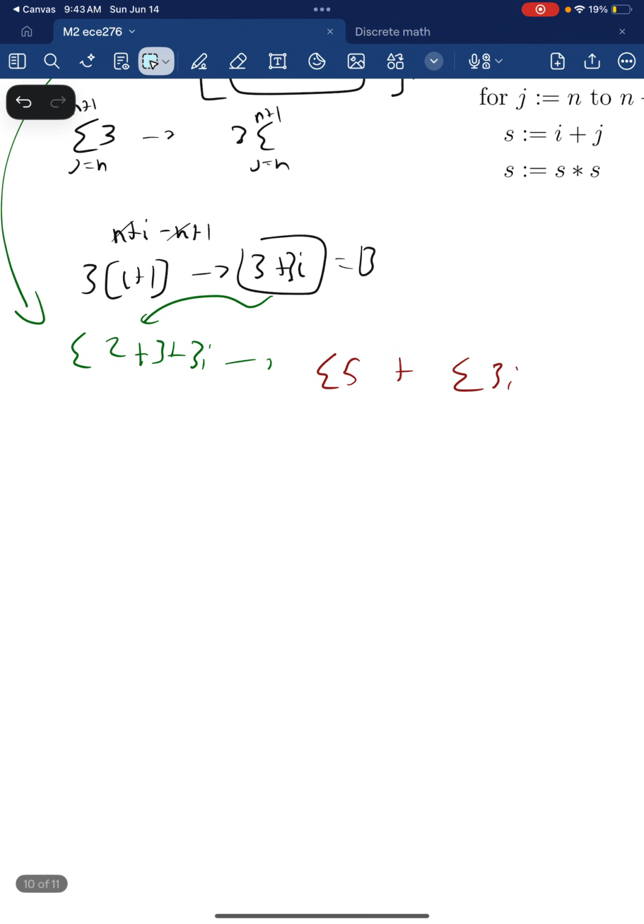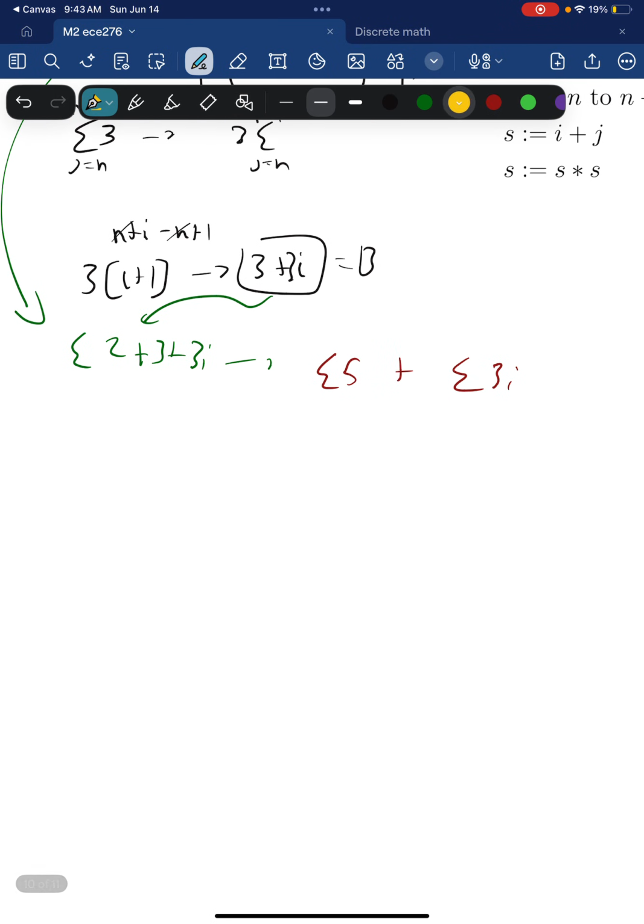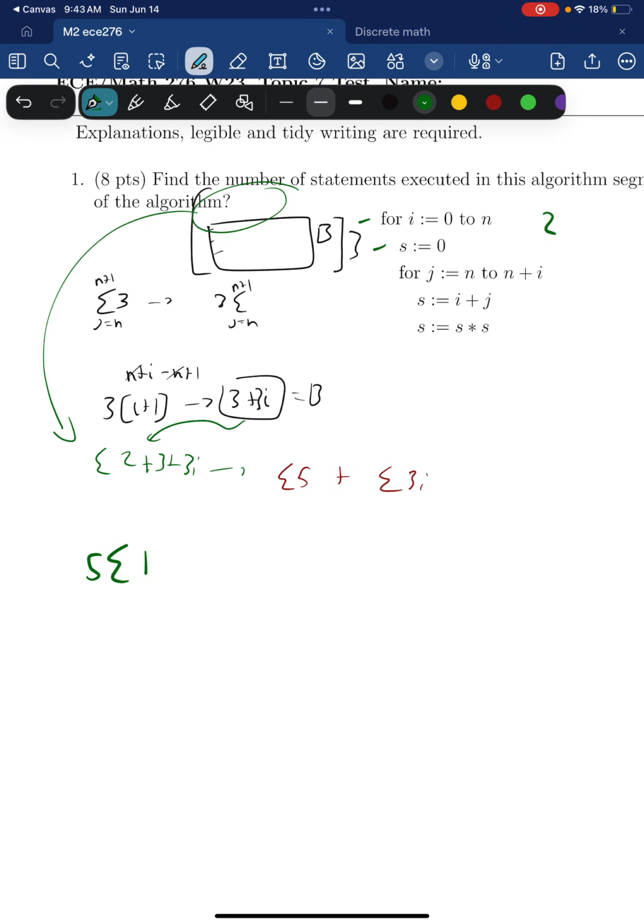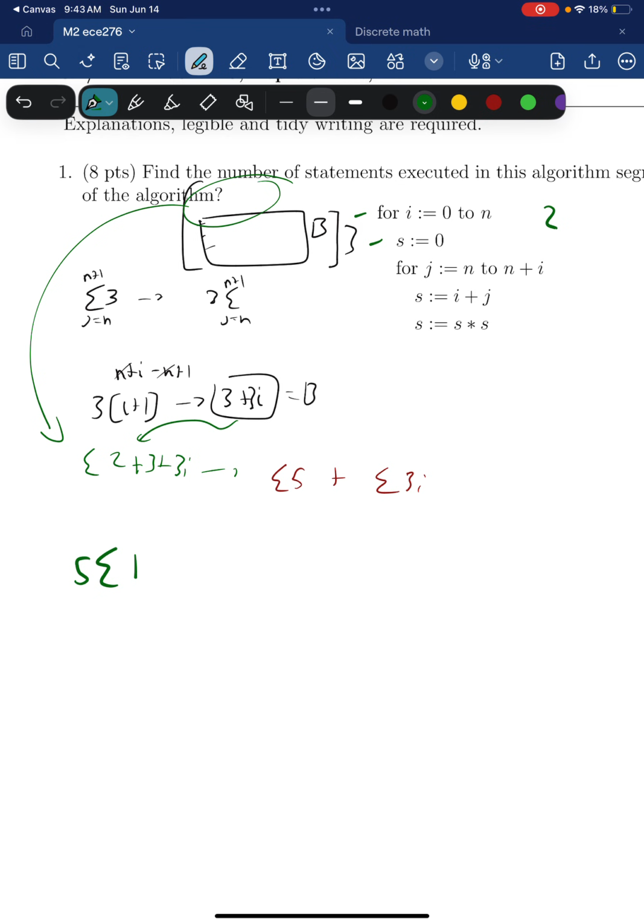Now you can move them around. What you can do now is like this. You have to use the sum notation formulas for this part. So you put 5 outside, and then you just put 1 here from i equals 0 to n, and then you do plus 3, and you have your i inside, from 0 to n.